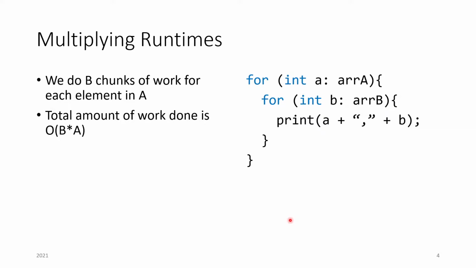And to give you an idea of this, let's say array A had 3 items, and array B had 2 items.